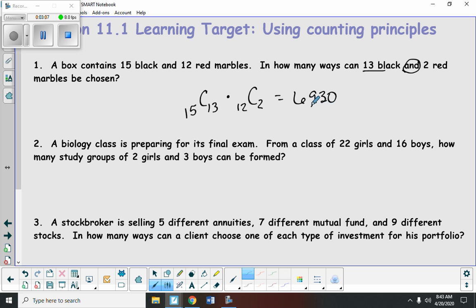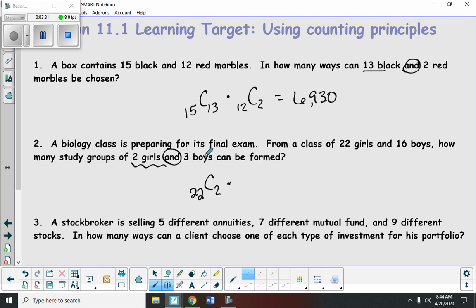All right, let's do another one. A biology class is preparing for its final exam. From a class of 22 girls and 16 boys, how many groups of 2 girls and 3 boys can be formed? So we're choosing 2 girls from 22. So 22, we're going to choose groups of 2. We're going to look at all the ways you can choose groups of 2 out of 22. And it tells you you're going to multiply.